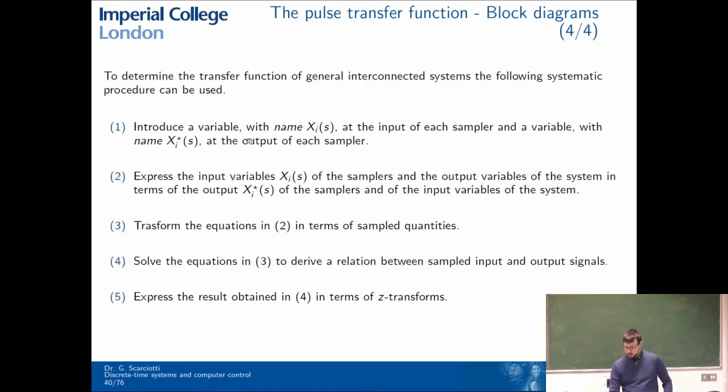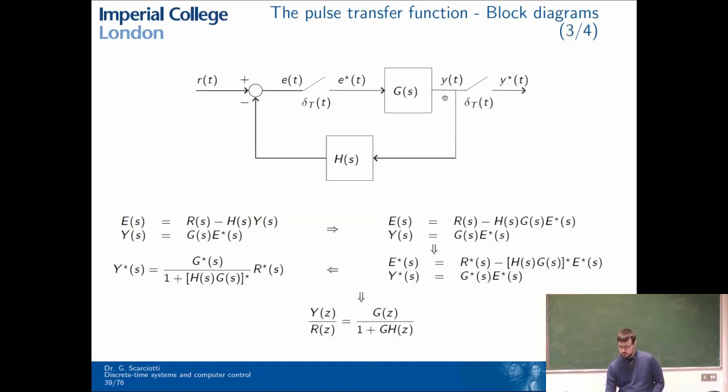These are labels, you can call them as you want. Then once you introduce the labels, you want to express the output of the blocks as a function of the input of the blocks. So here we write the output of the block g of s as a function of the input of the block g of s, and we get this expression here.